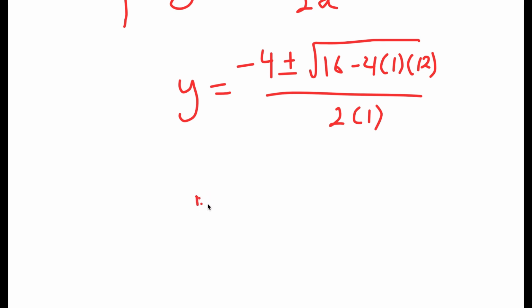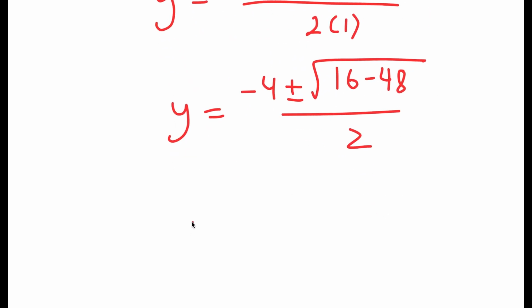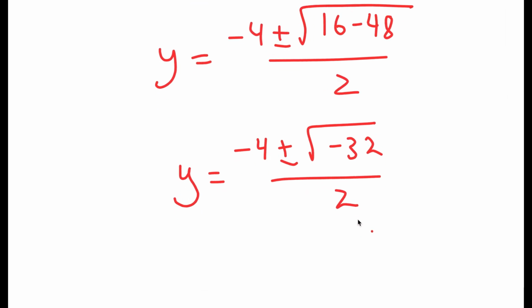And this is equal to negative 4 plus or minus the square root of 16 minus 48 over 2, which turns into negative 4 plus or minus the square root of negative 32 over 2.